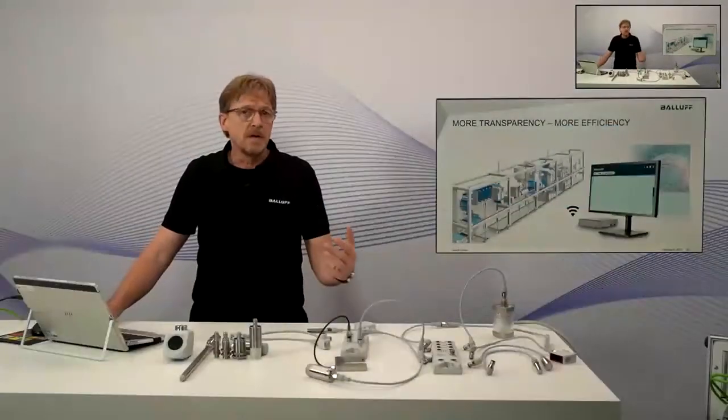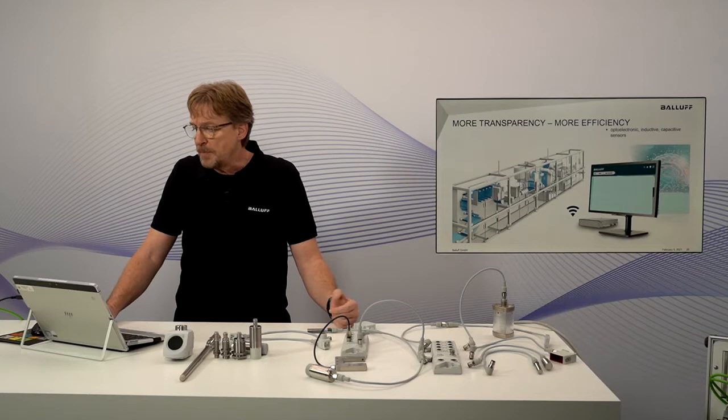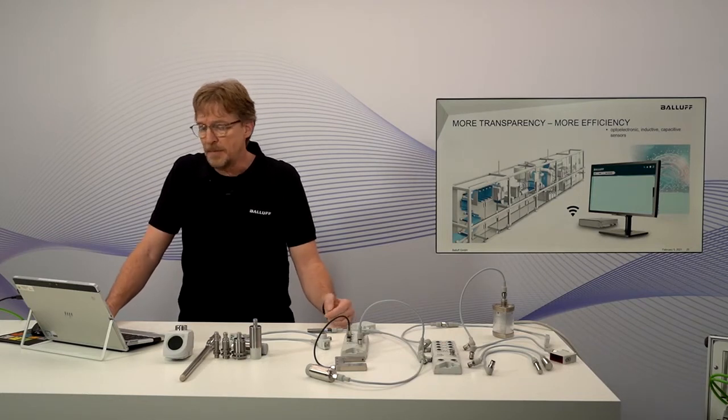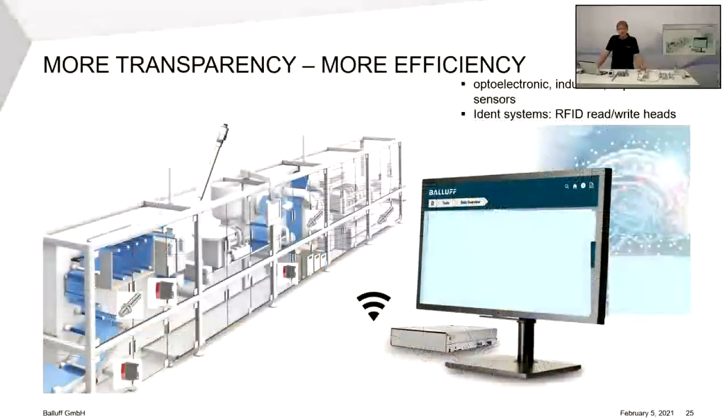What does that mean in an application? So if you are using optical, inductive, capacitive sensors in different areas of your application, or maybe identification systems to identify different tools you are working with RFID systems. If you have format change activities to do in your application, we can help you with the digital position indicator, which is this one, for example.